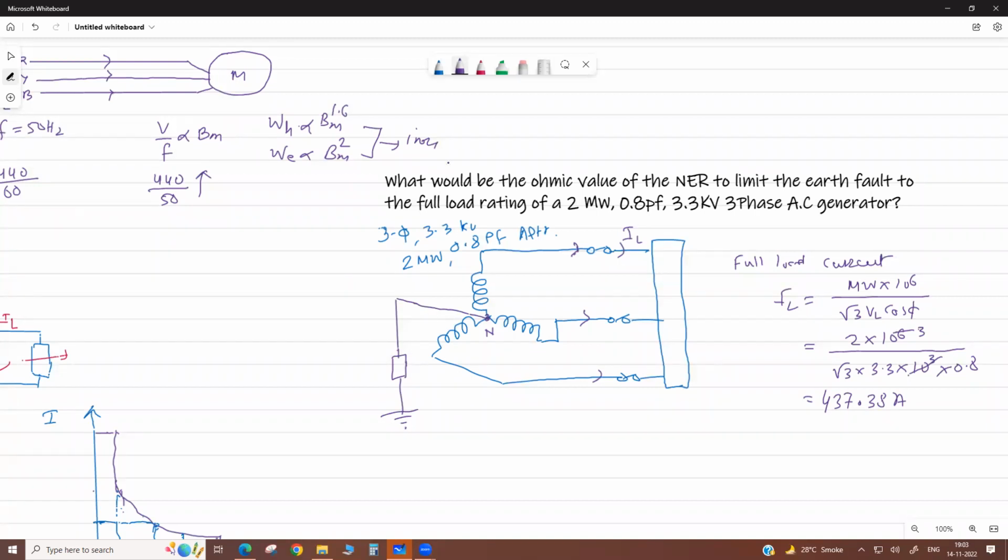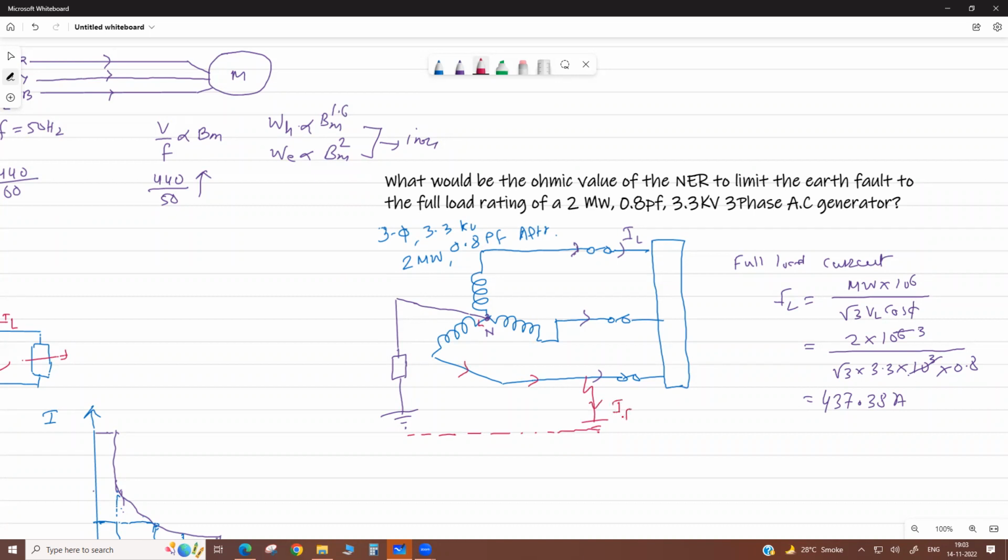Now, if in this system an earth fault occurs, meaning any line becomes earthed, it makes a circuit nearest to the earth point, and current starts to flow from this particular phase to ground.